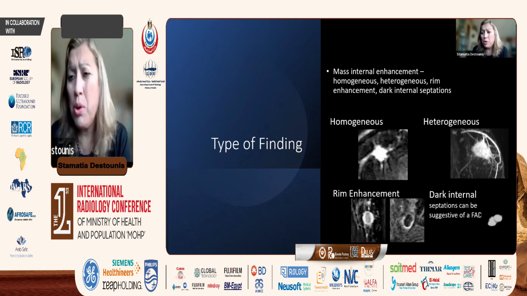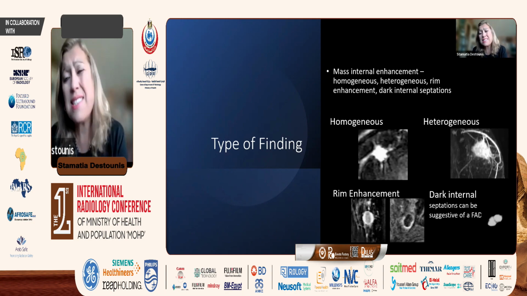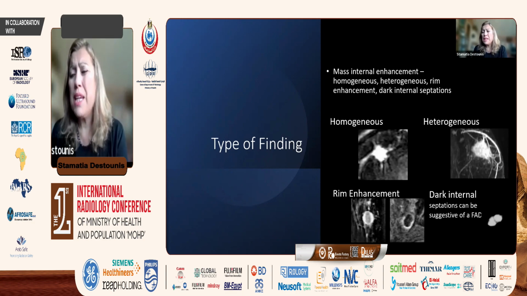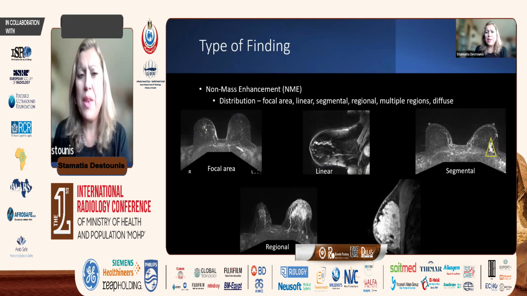Rim enhancing can be quite suspicious, but if you look at the T2 weighted imaging and you see cysts, then you know that cysts can come up with rim enhancement. Also, fat necrosis can do the same. If we have dark internal septations, typically that's suggestive of a fibroadenoma and a benign type of mass.